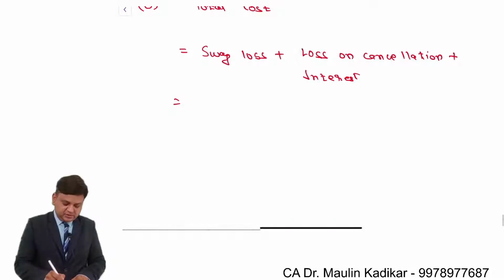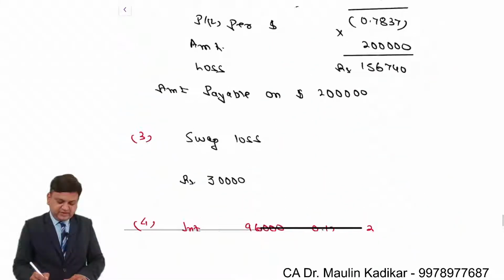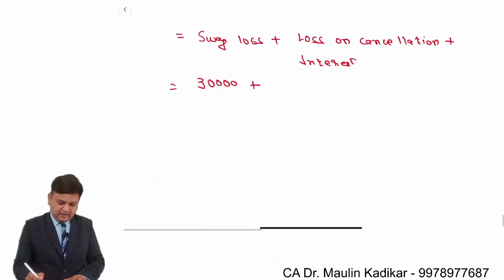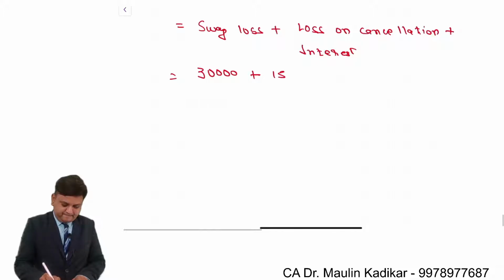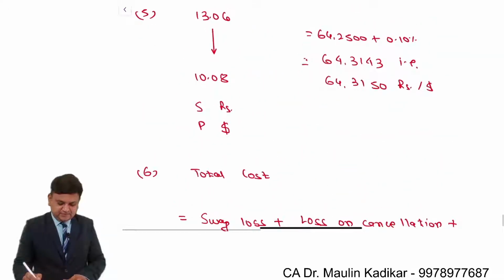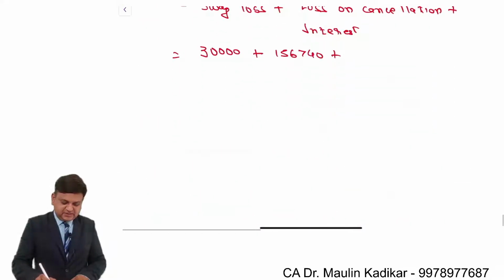So swap loss is 30,000. Loss on cancellation is 156740 plus 94.68.